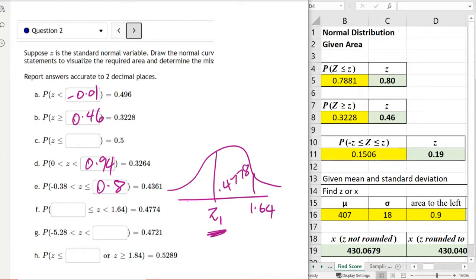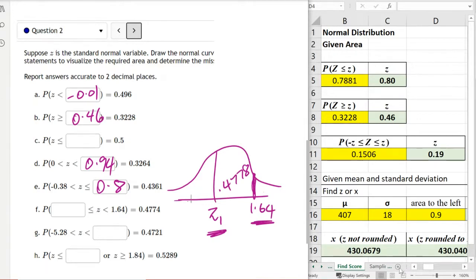So what we can do is find the area below or above, if we like. We can find the area above 1.64, and then do 1 minus these two areas to get the area below here. Or we can find the area below 1.64 and then subtract this number from it to give us this area here.